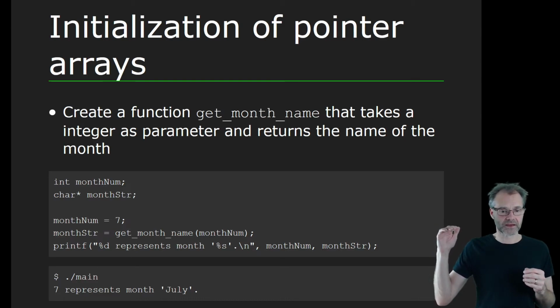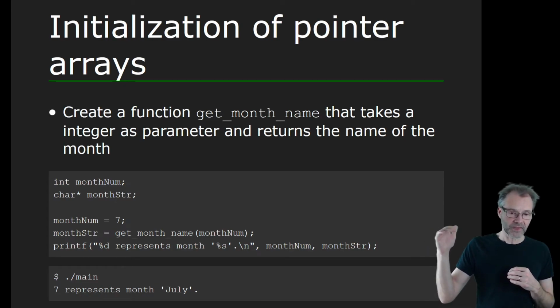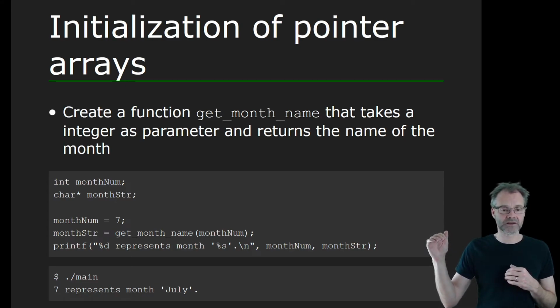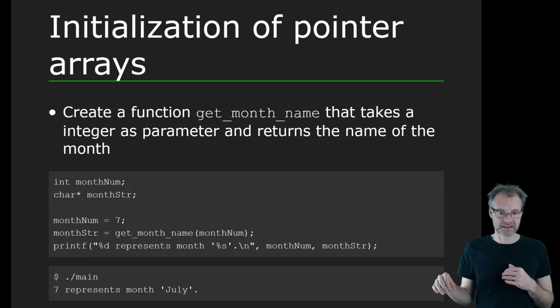I'm giving 7 to month_num, then calling the getMonthName function, sending in month_num as a parameter. So the argument sent to the function will be 7. I'm storing the returned result in month string, and then printing both month_num and month string, and it looks like this.